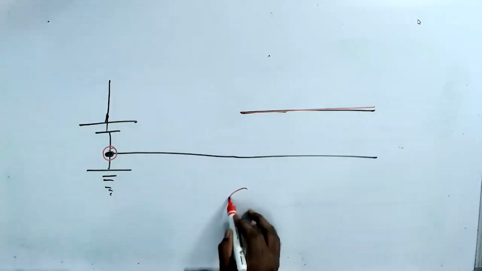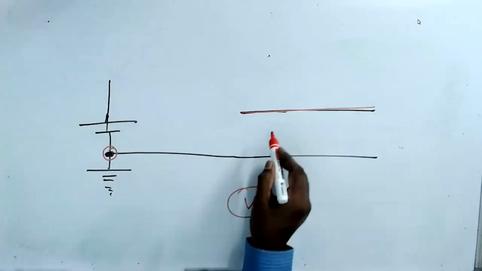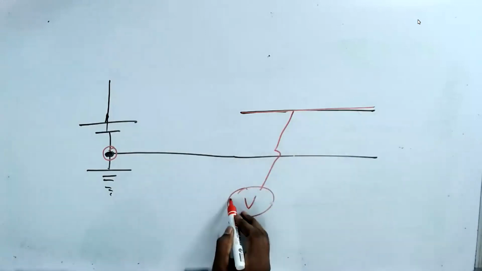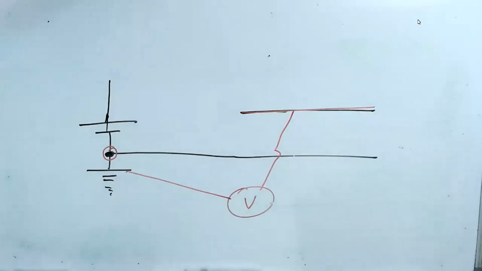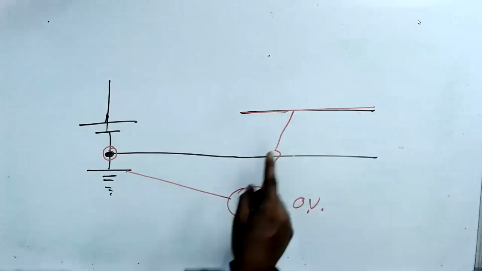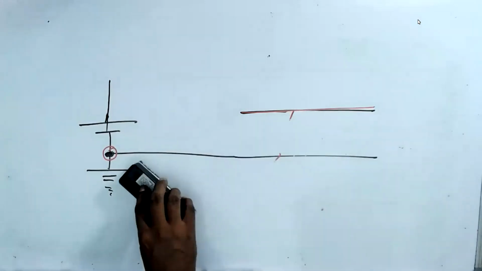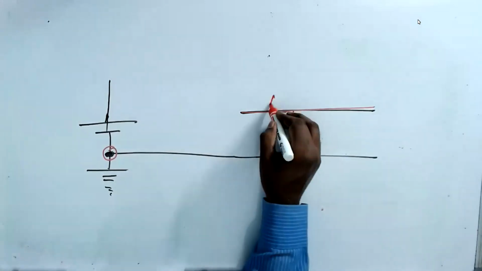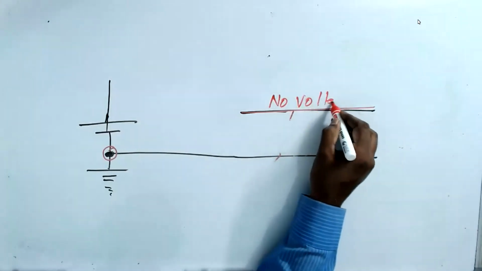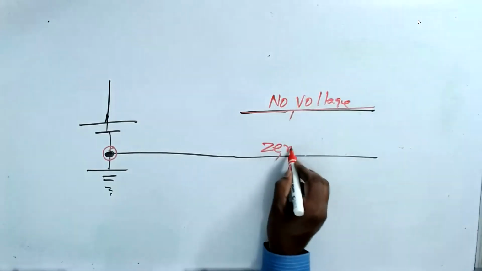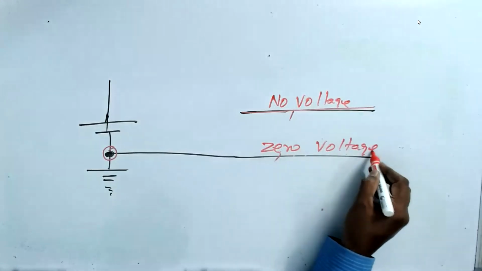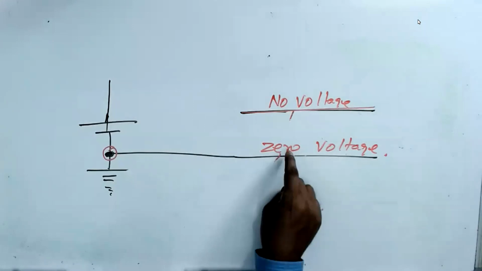I use a voltmeter and measure this point and this point. What is the voltage you will get? You will say 0 volt. But that is not 0 volt. The meter shows 0 volt because there is no current. A wire which is not connected is called no voltage. This is called 0 voltage. So you have to understand the difference between 0 voltage and no voltage.